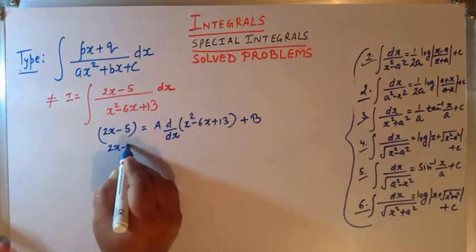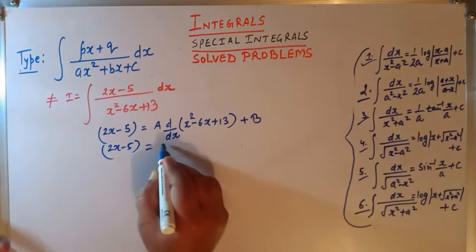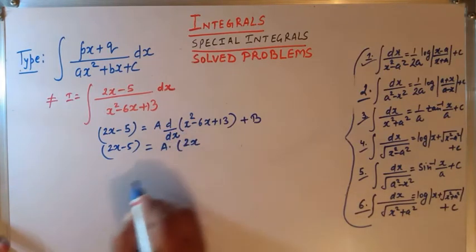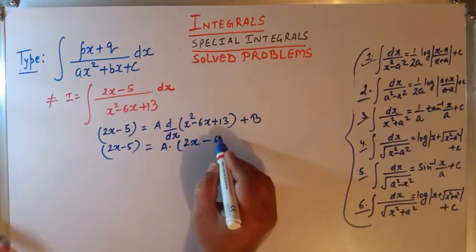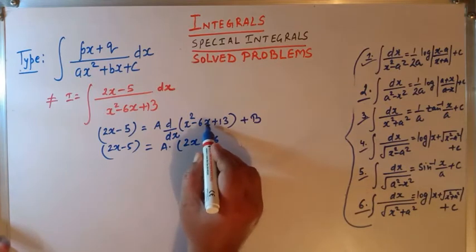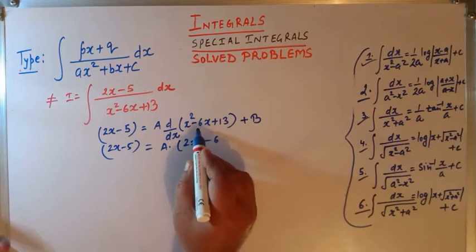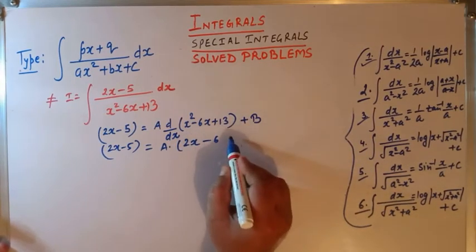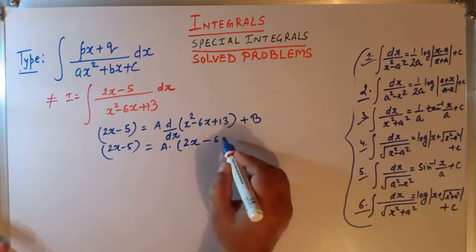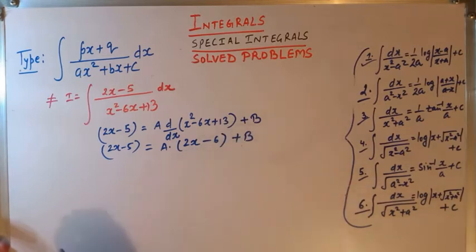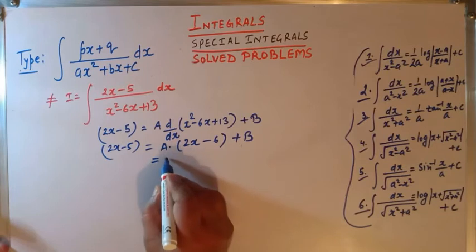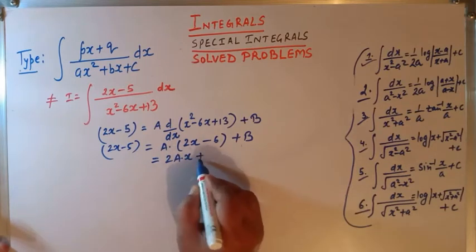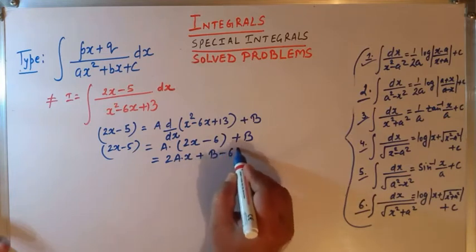So this can be written as 2x minus 5 equals a times, the derivative of x square is 2x, minus 6, since the derivative of x is 1, so 6 ones are 6. Derivative of 13 is 0, being a constant, and we have plus b. This can be written as 2ax plus b minus 6a.